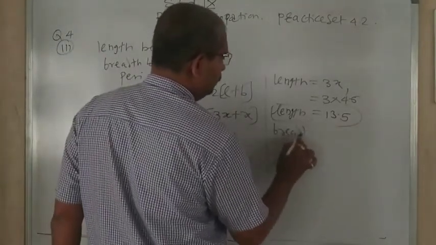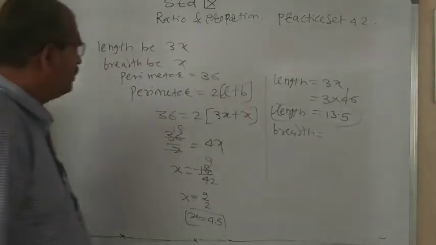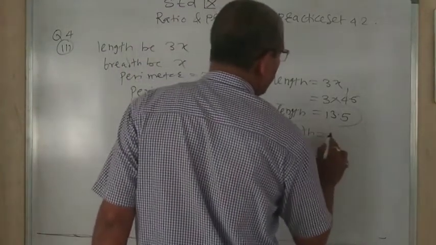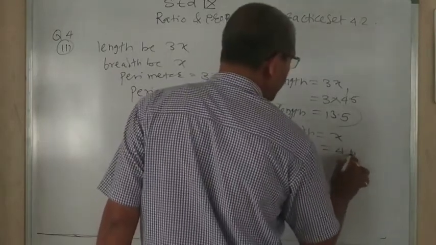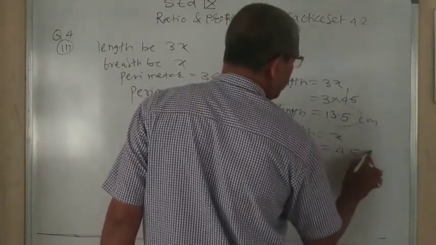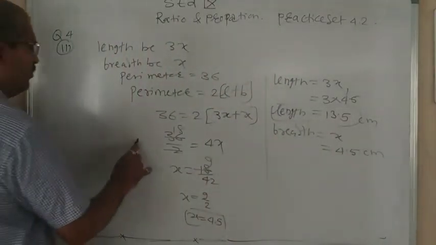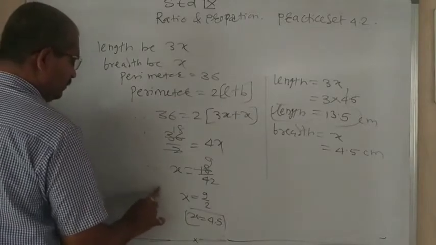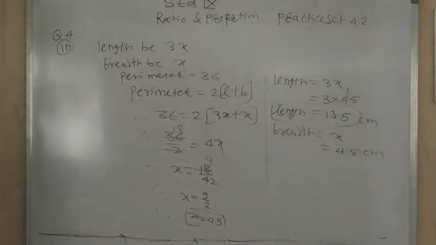Now breadth. What is breadth? Breadth is equal to x. So what is the value of x? It is 4.5 centimeter. If there is a unit, we should write the unit. By this way, this question is completed.